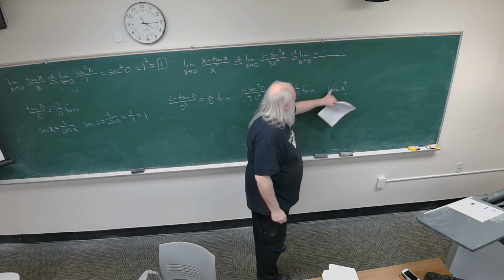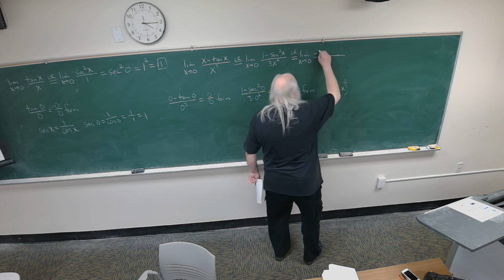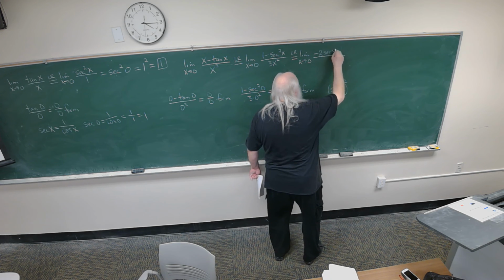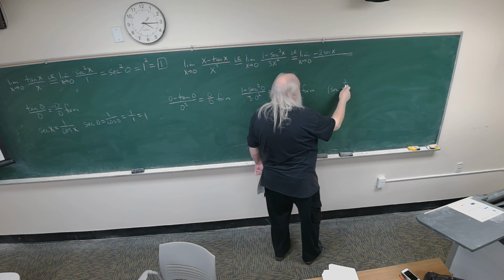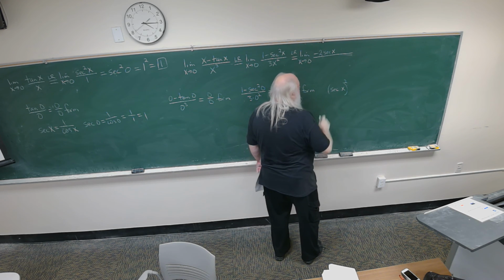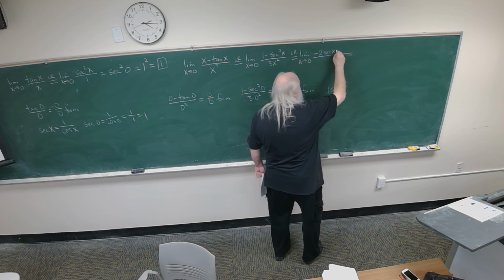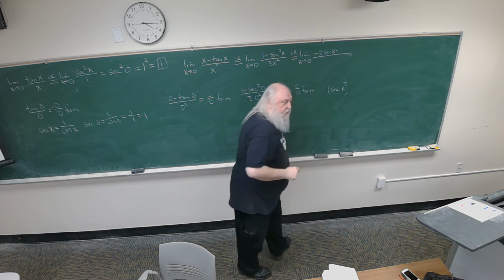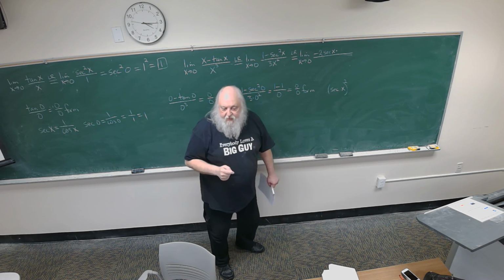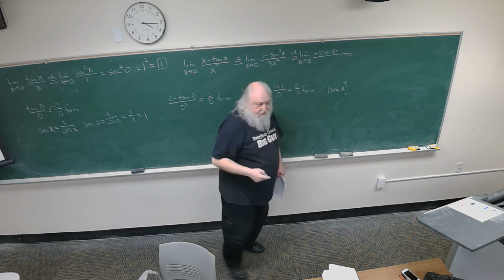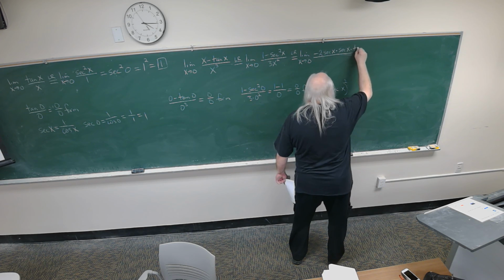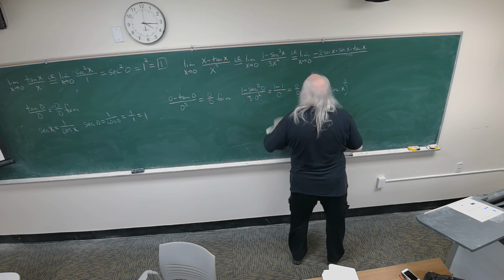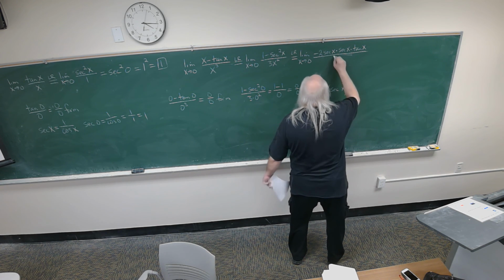You bring the 2 down in front of secant x, subtract 1 from the exponent, which is just 1. So we have minus 2 times secant x to the first power. And now we multiply that by the derivative of secant x. What's the derivative of secant x? Secant tangent. So we have secant x times tangent x, all over the derivative of 3x squared, which is 6x.